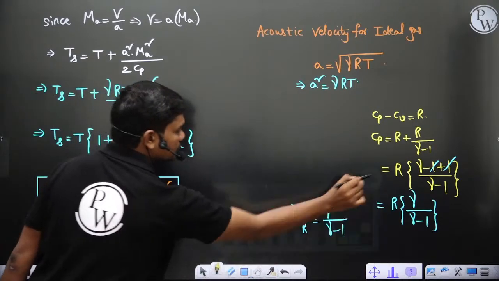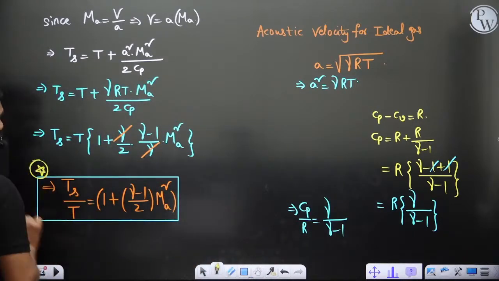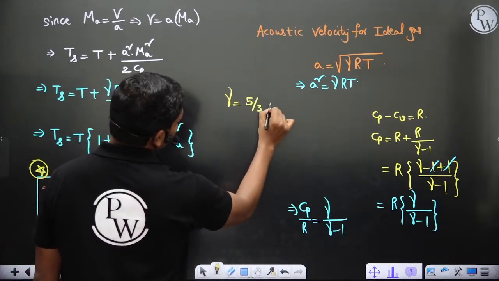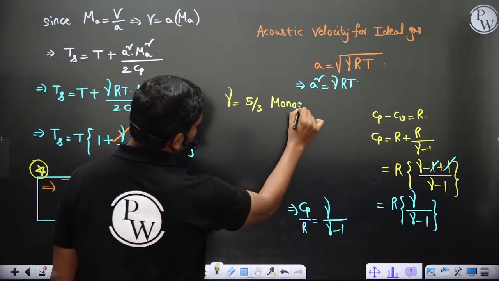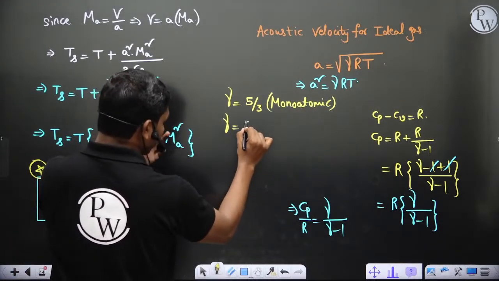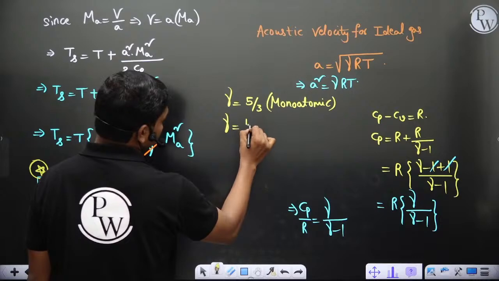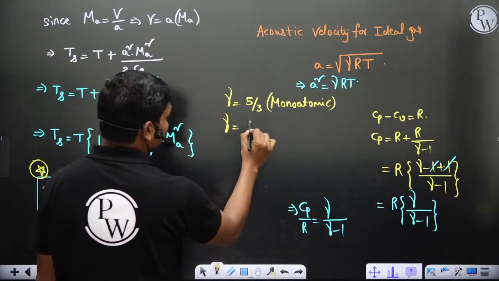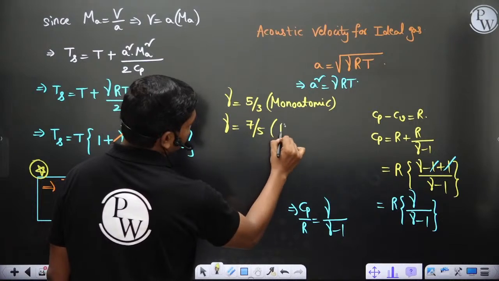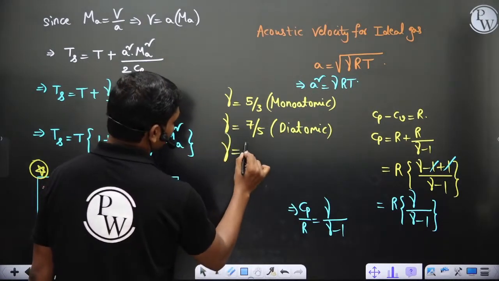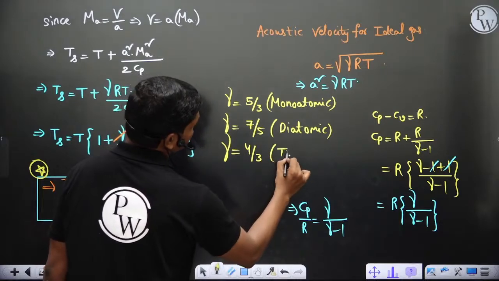In the first class I was talking about gamma: it is equal to 5 by 3 for monoatomic gases, 1.4, which is 14 by 10 or 7 by 5, for diatomic, and 4 by 3 for triatomic gases.